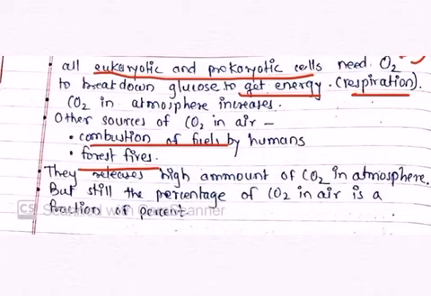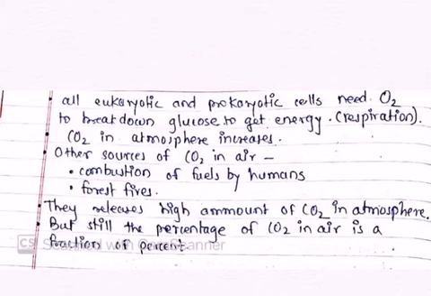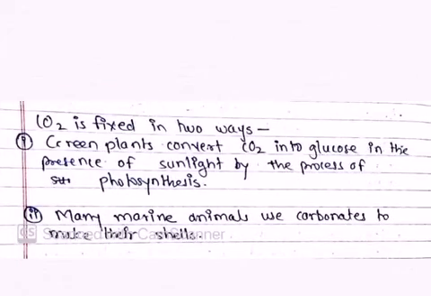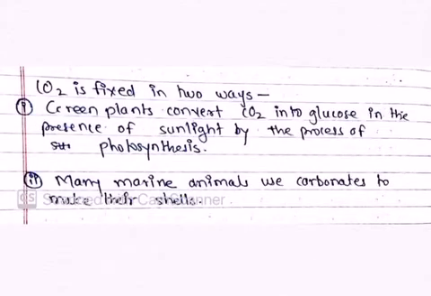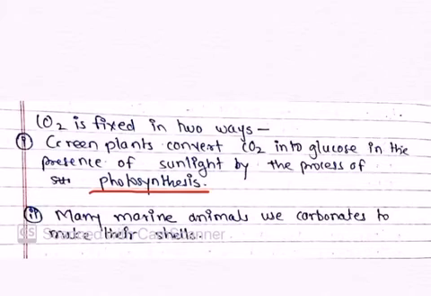then we have to study how this concentration of CO2 remains constant in the atmosphere. Okay, in this concept CO2 is fixed in two ways, meaning atmospheric CO2 is converted into different carbon compounds by the photosynthesis process.